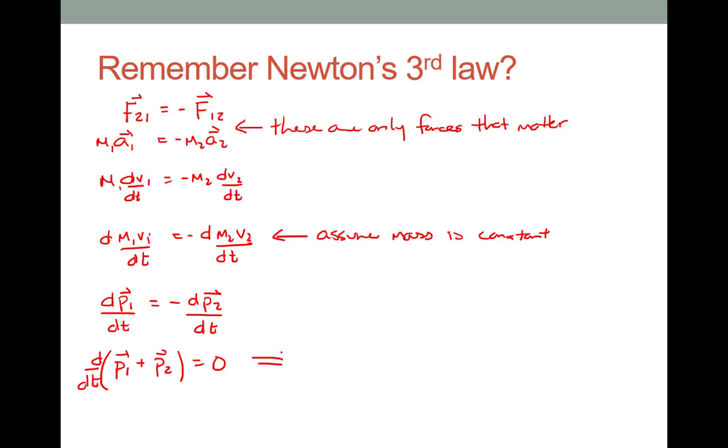And the result of that means that P1 plus P2 has to equal a constant. Okay. In other words, it's conserved. The combined momentum of my two objects has to be the same number everywhere, therefore it is conserved.